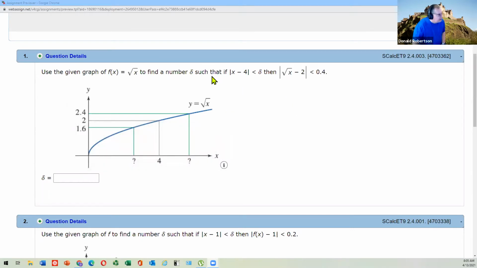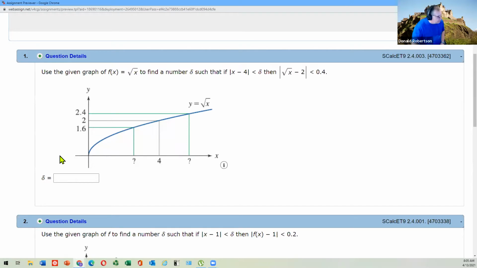And you're being asked to find the number delta such that every value of x that has the property that x take away 4 is less than delta, that the square root of x take away 2 is less than 0.4, right? You see the 2 on the y-axis, you see how it goes up 0.4 and down 0.4? That's what this bit is doing. So we're saying, can you get within 0.4 of the answer 2?